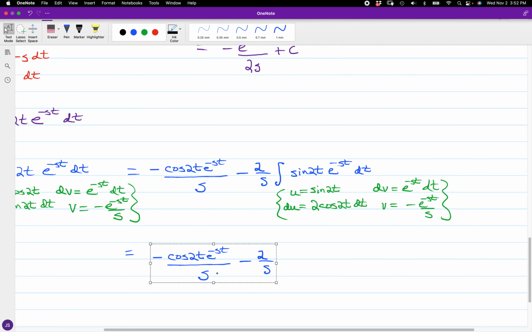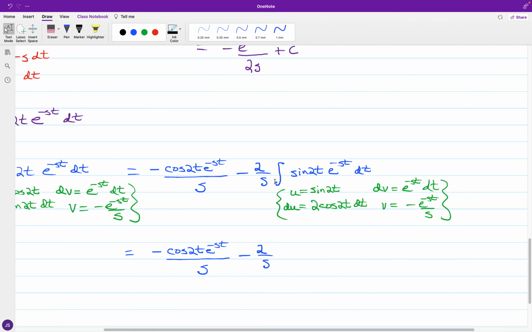In the follow-through, we have minus 2 over s, and for u times v, it's not just sine of 2t but the negative: the negative of the product of the sine of 2t and e to the negative st all over s.